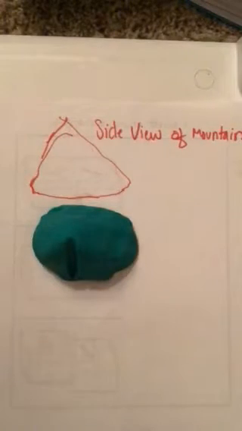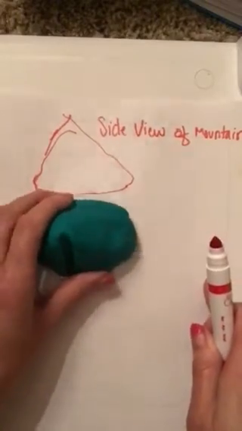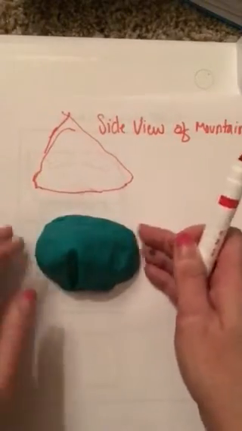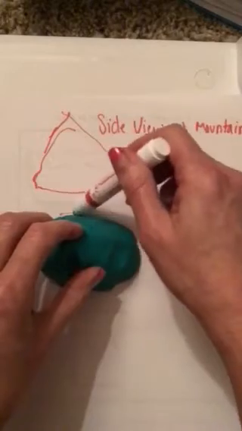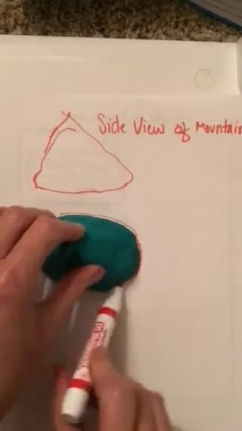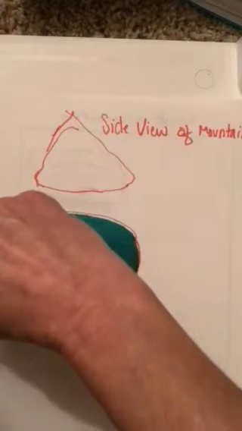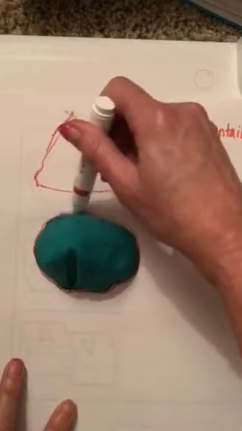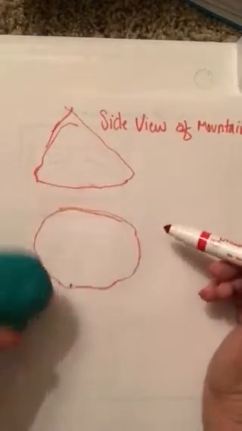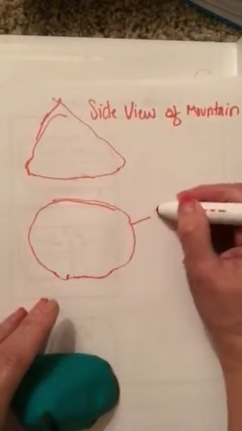The first thing I want to do is, okay, so this is the base of the mountain down here. I'm going to go ahead and trace this. Okay, so this is the base of the mountain.